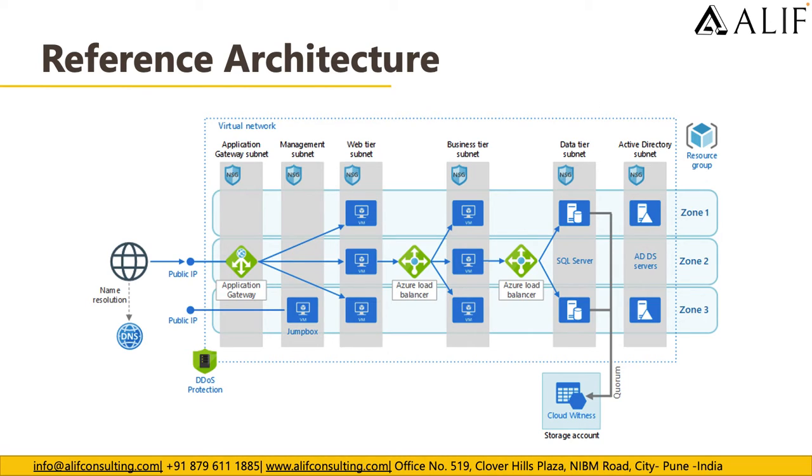One is an availability set, and the other is an availability zone. So in this architecture, there is the availability zone. But again, if the region where you are developing a solution does not have availability zones, those regions will definitely have availability sets, and you can use those availability sets to manage high availability within the region.